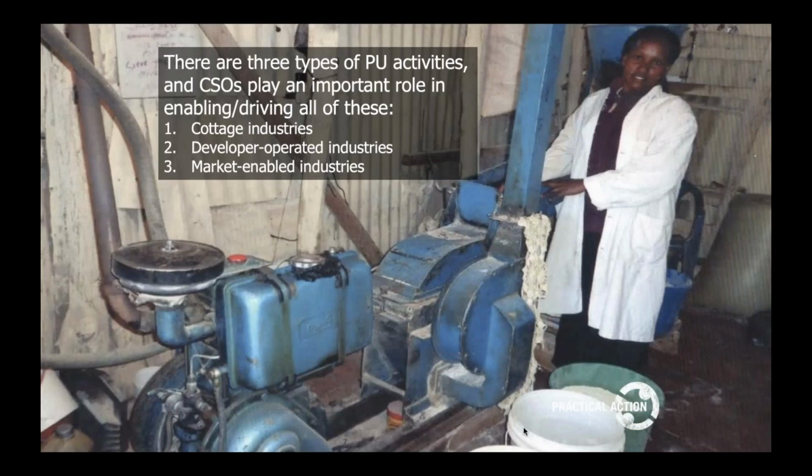So there are three types of productive use activities, and CSOs play a pretty important role in enabling and driving all of these. I'm just going to talk a little bit about the difference between these types of activities. First of all, cottage industries are basically small business opportunities for individual entrepreneurs. Common examples include things like saloons and barbershops, village cinemas, juice making businesses, welding businesses, and so on. The good thing about cottage industries is that they leverage existing skills in a community and they can enable job creation and income generation.